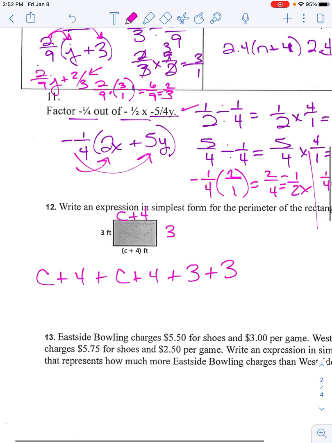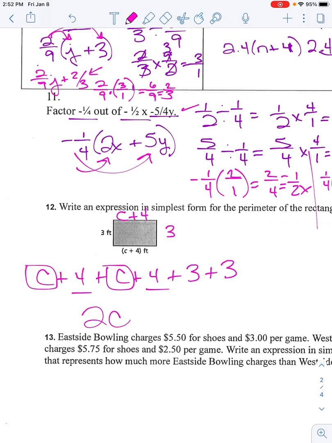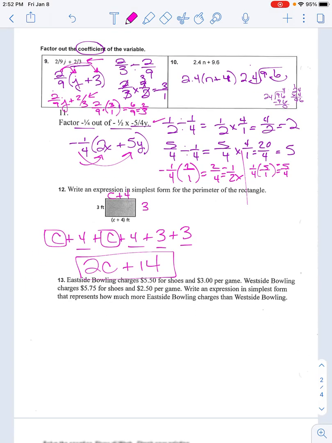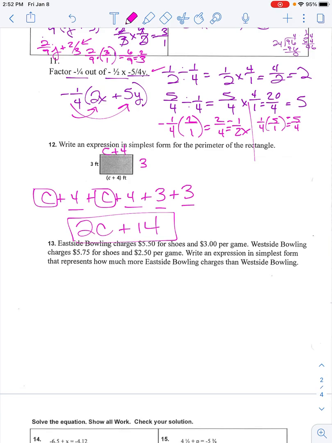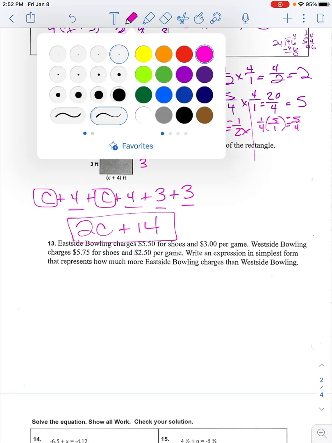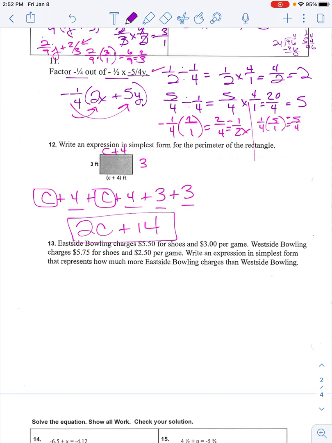Write the expression in simplest form. Okay, combine like terms. I have a c here and a c here, which give me 2 c's, 4, 8, 9, 10, 11, 12, 13, 14. Simplest form would be 2c plus 14.